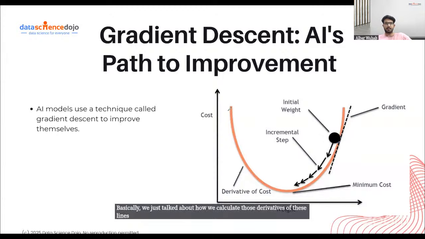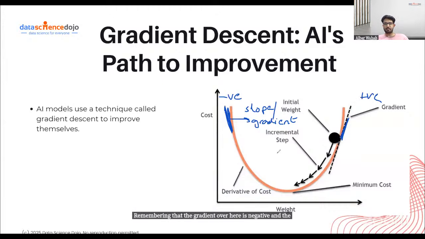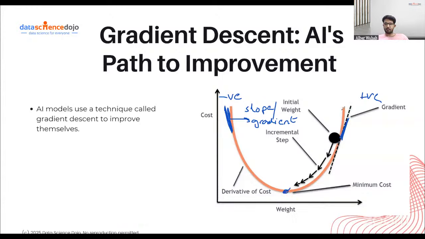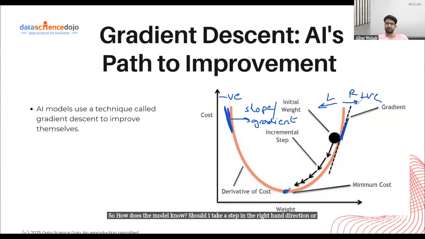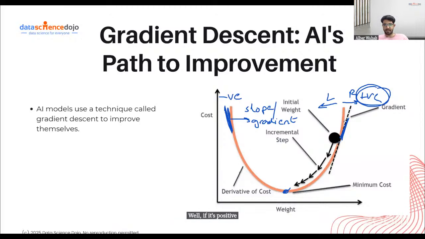We basically build a parallel line and calculate its slope, or its gradient, remembering that the gradient over here is negative and the gradient over here is positive. So how does the model know whether it should take a step in the right-hand direction or the left-hand direction? Well, if the gradient is positive, it knows to move towards the left.